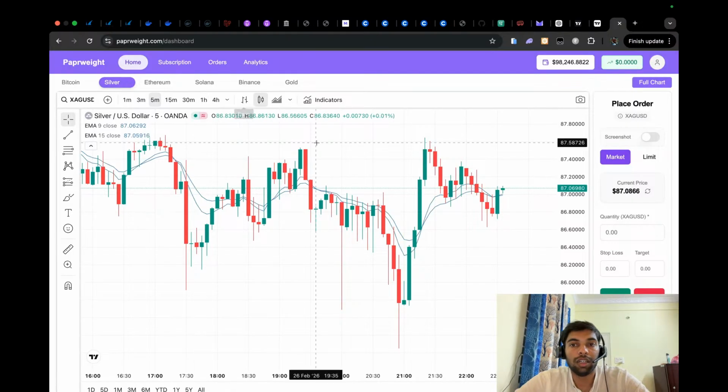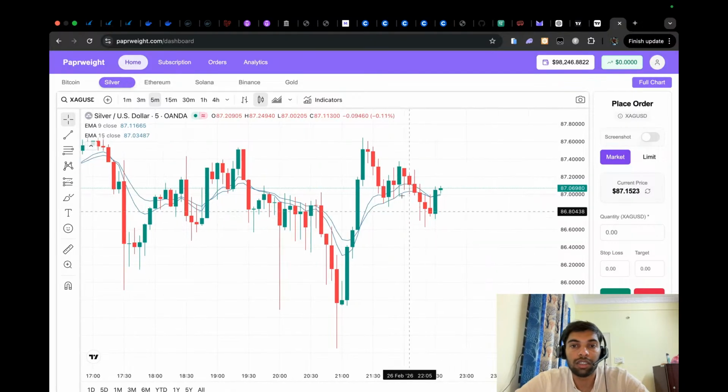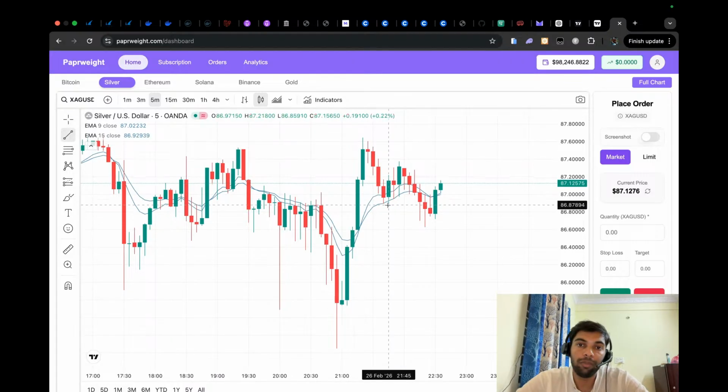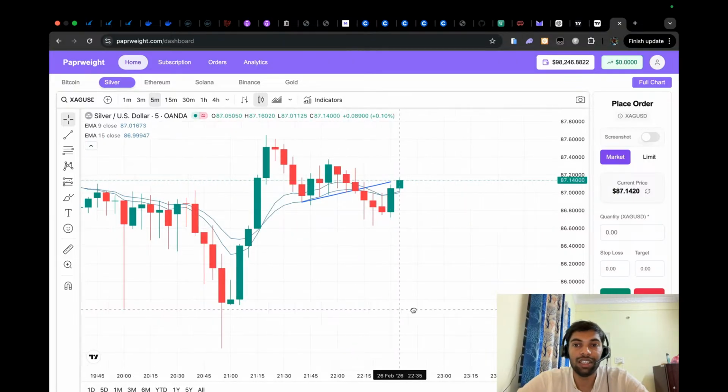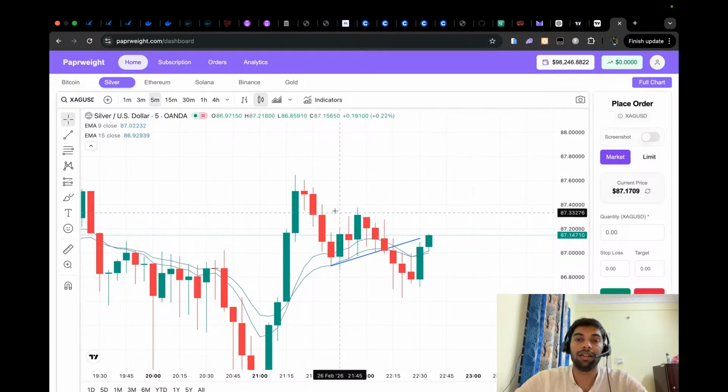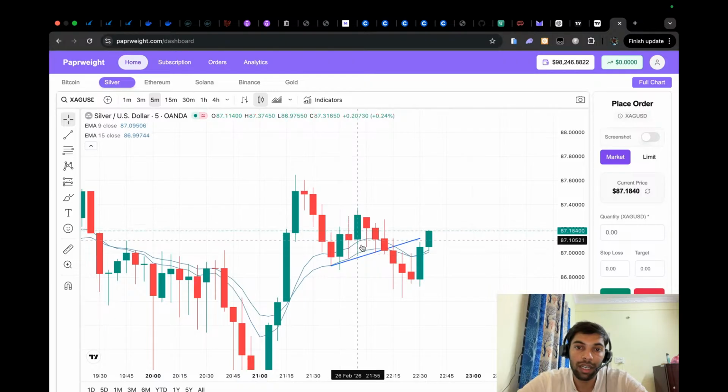Let me show you the silver graph. In silver as well, you can see the market is going in lower lows. This is how the market works. This is the overall game, to see where you are being trapped and where you are not. The market slowed down a bit and invited all the buyers to jump in.